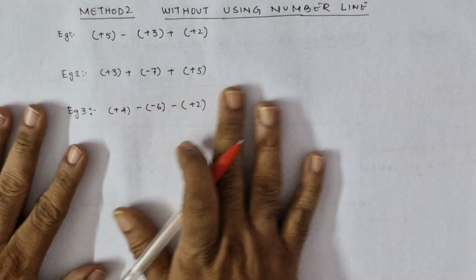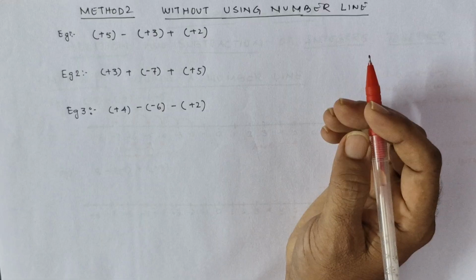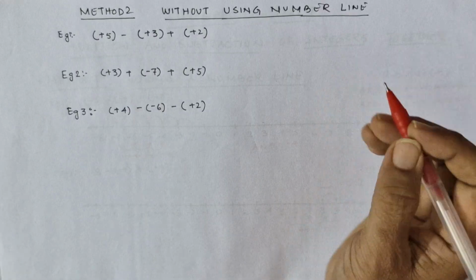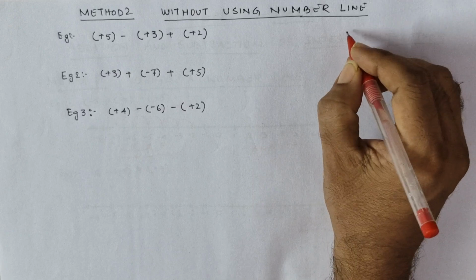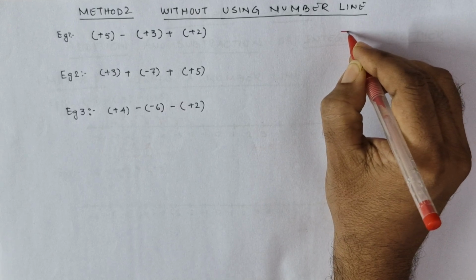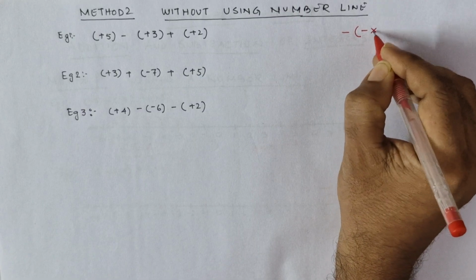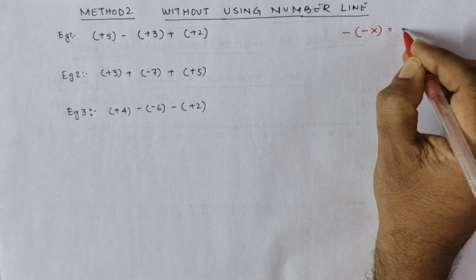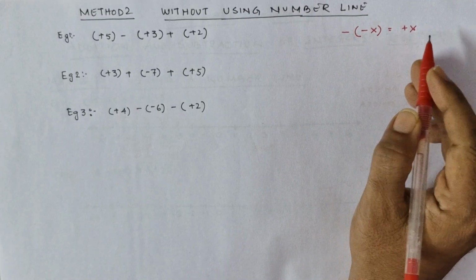So what is method number 2? That is without using a number line. Now before actually going through these problems, please remember these things. If you have a minus within a bracket of minus x, where x is an integer, we'll write plus x. So minus minus is plus.